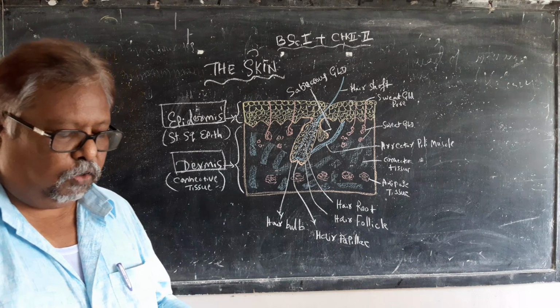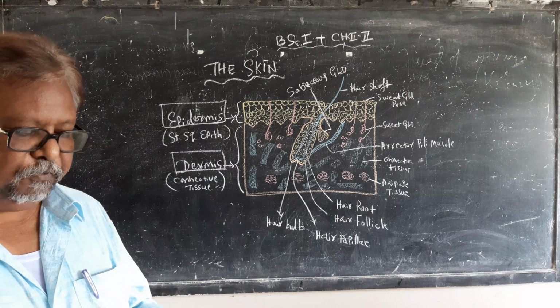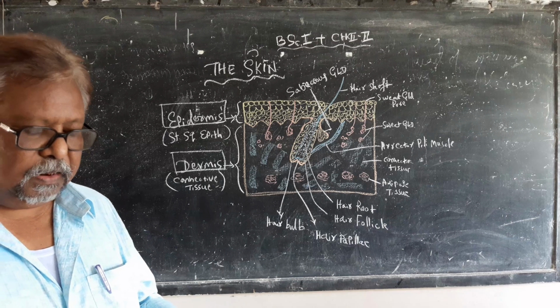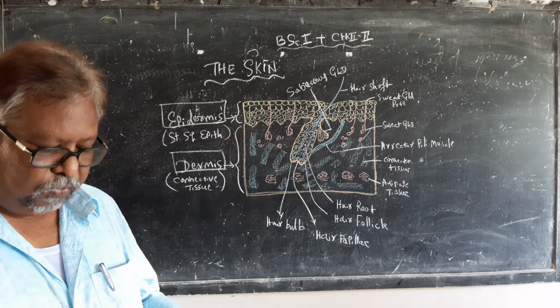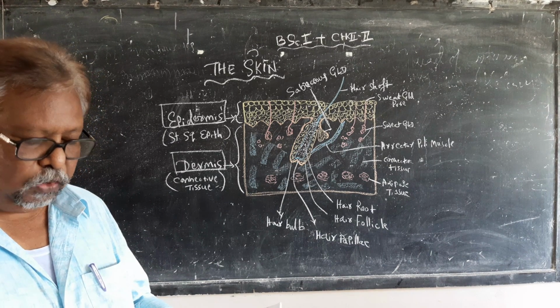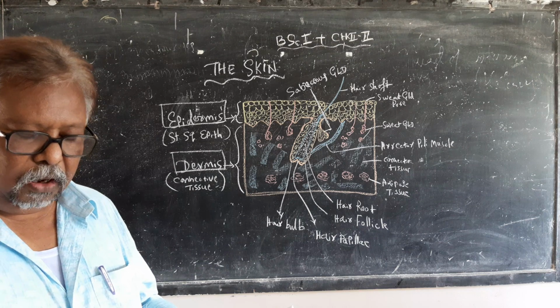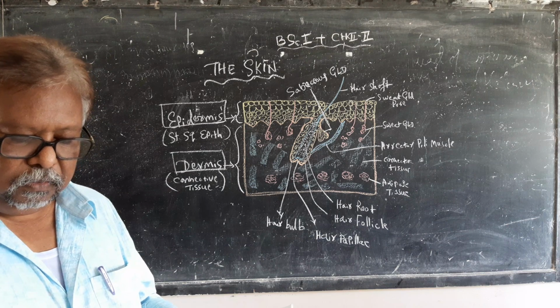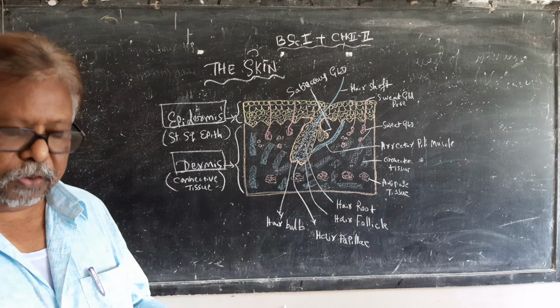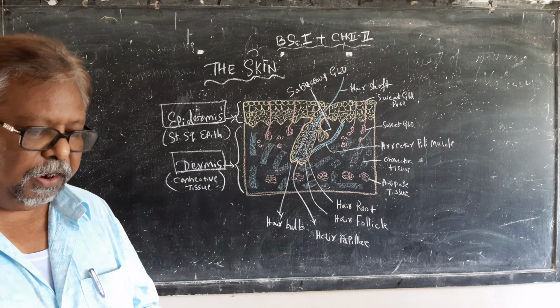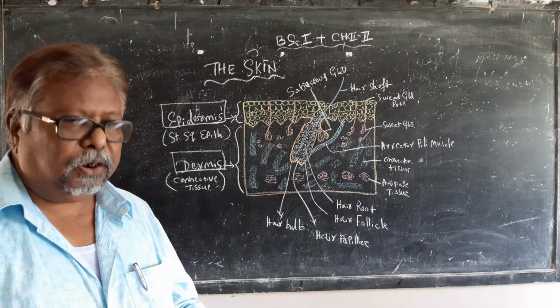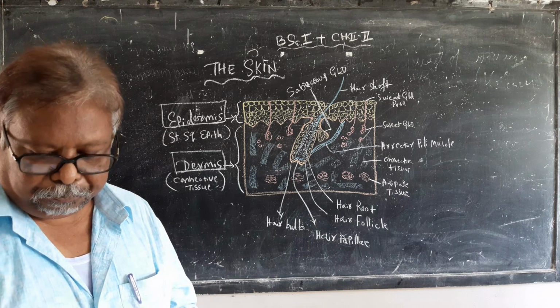Yesterday we have learnt about small blood vessels and the lymph vessels, sensory nerve endings, sweat glands, which are of two types. They are typical or eccrine, atypical or apocrine. Two types we have studied. So today we are going to study about the hair.